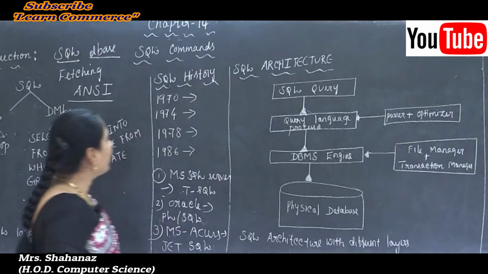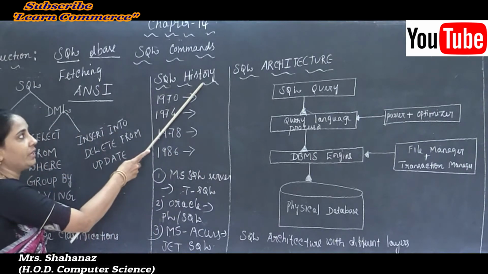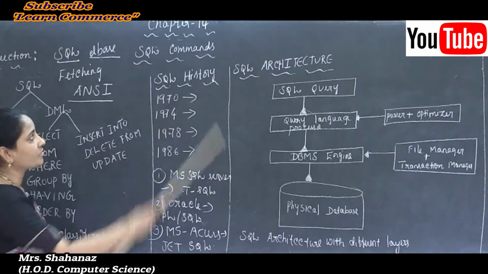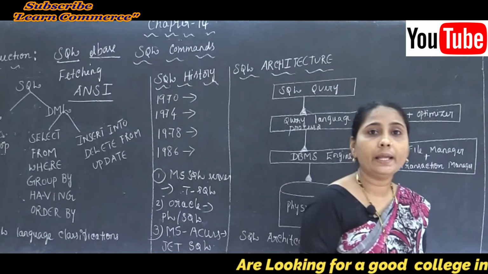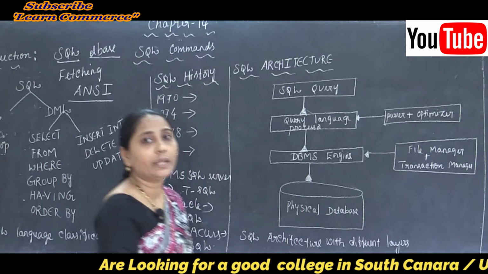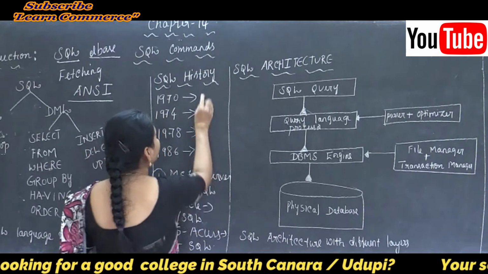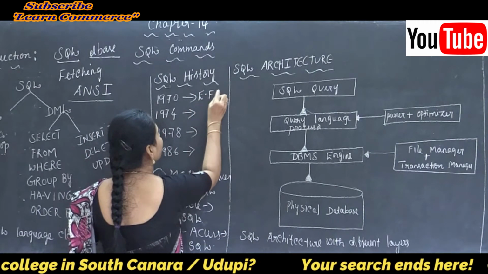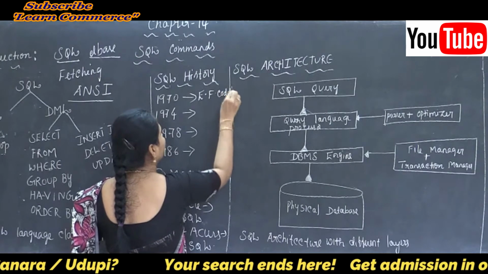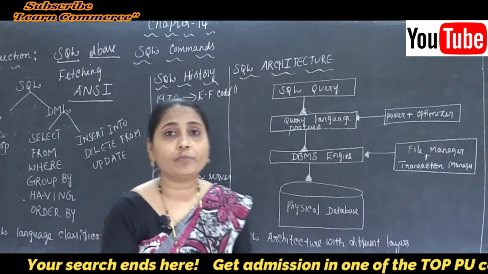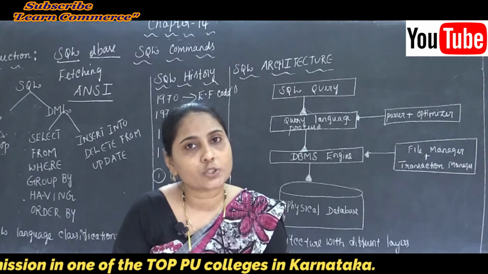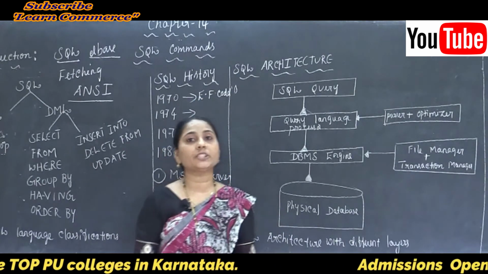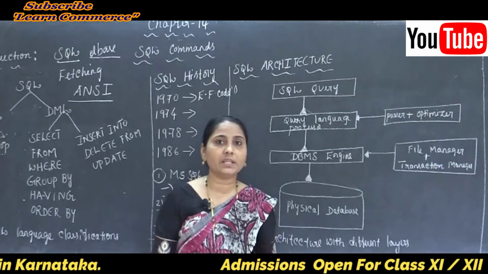Now the next thing is SQL history, structured query language. In the year 1970, Dr. E.F. Codd of IBM, also known as the father of relational databases, developed the relational model.